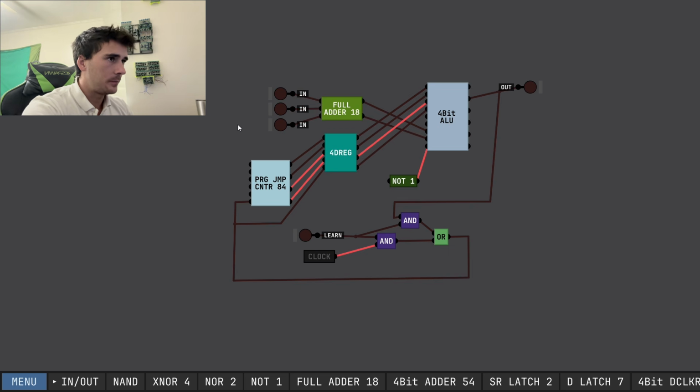How does it learn? So the way that this little neural network works is the learning algorithm is obviously hooked up to a clock, and the clock's hooked up to this little AND gate circuit right here that comes from the output, and basically it kind of brute forces the bias.